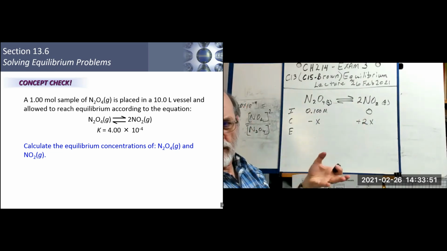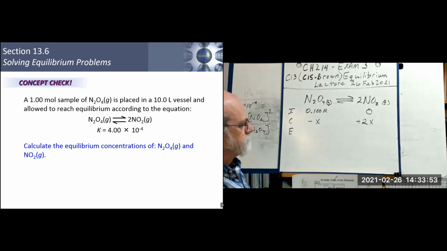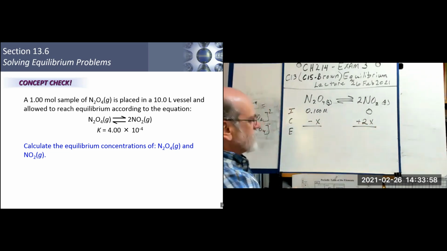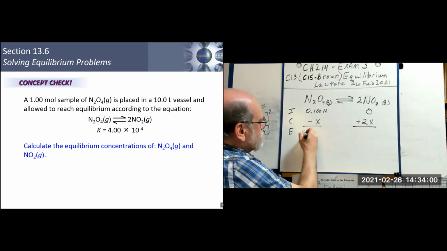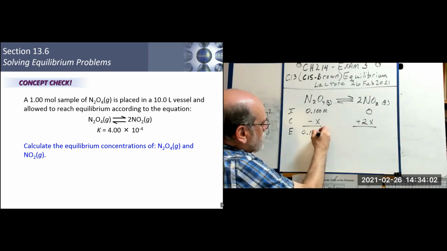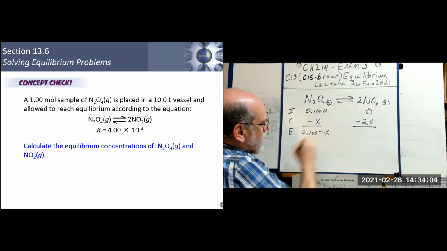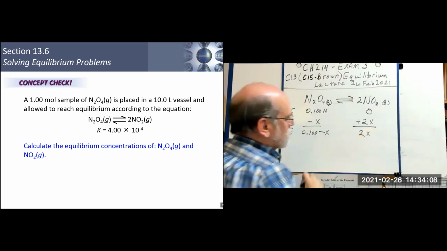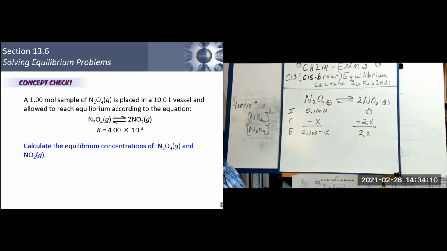Keeps everything whole numbers. We don't have to use fractions. So now the equilibrium situation is 0.100 minus X, and this one is plus 2X. Okay? So now we can plug that into our formula and find out what X is.